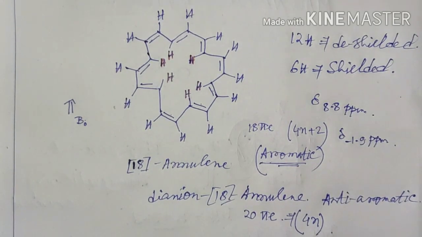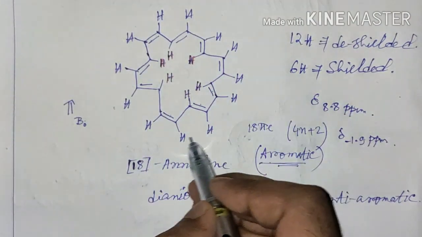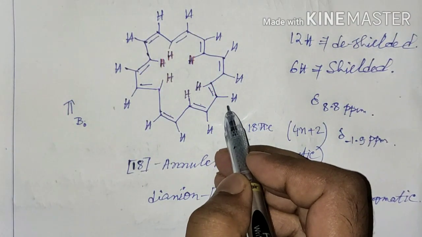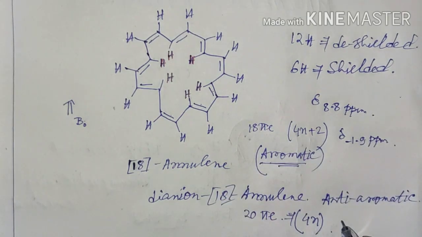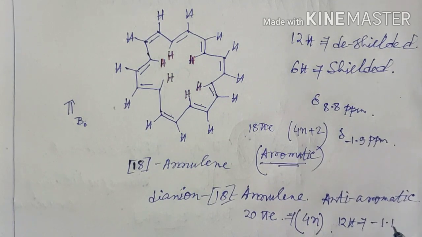And as we saw previously, in the anti-aromatic case the outer protons will be upfielded, that is shielded, and they will resonate at minus 1.1 ppm.